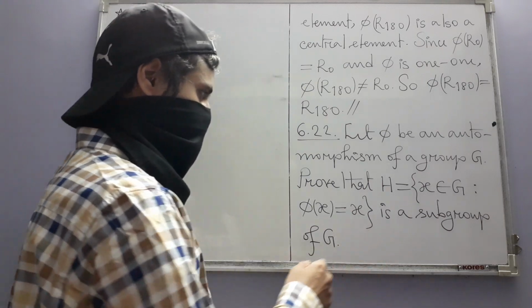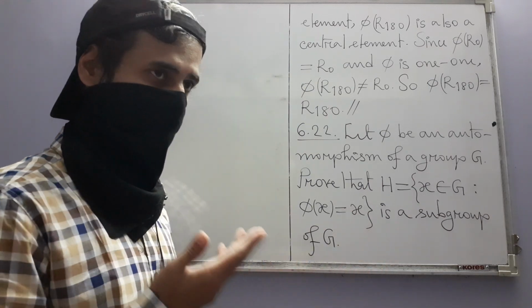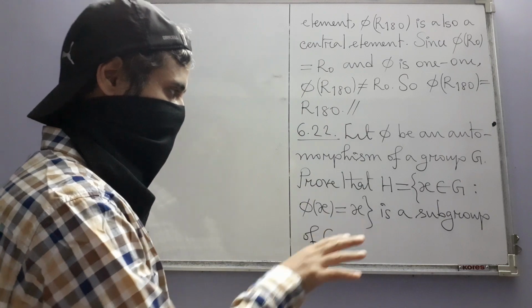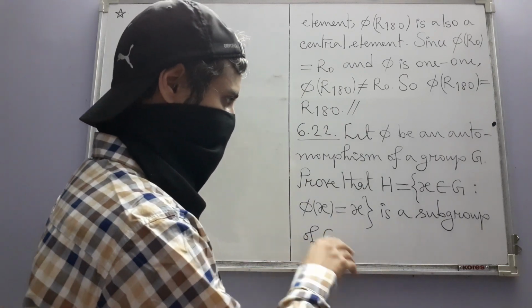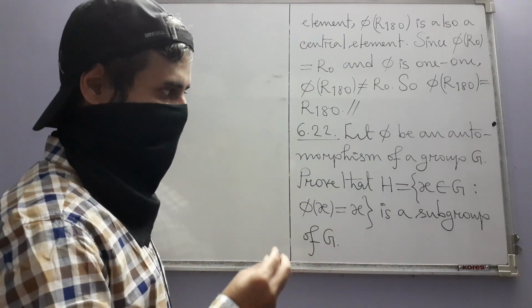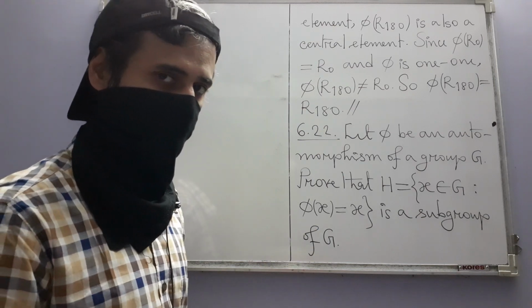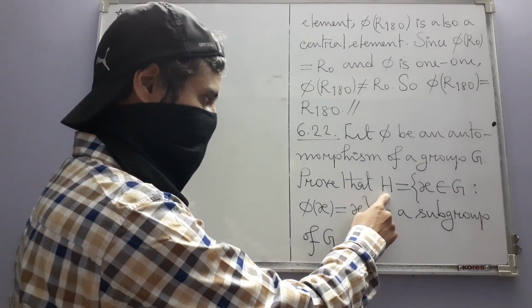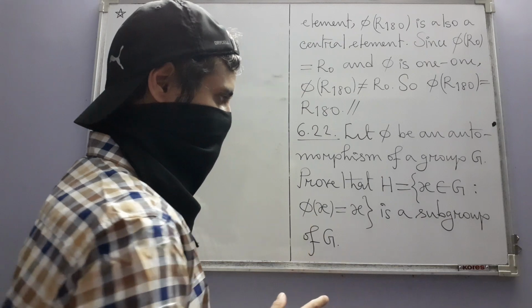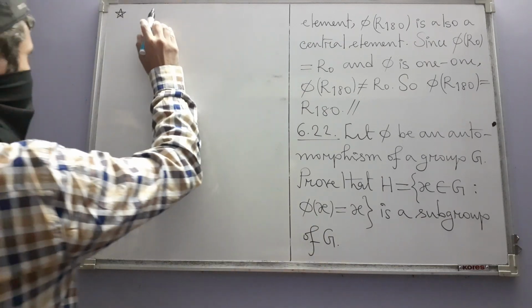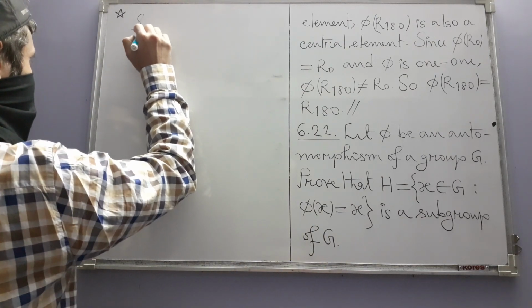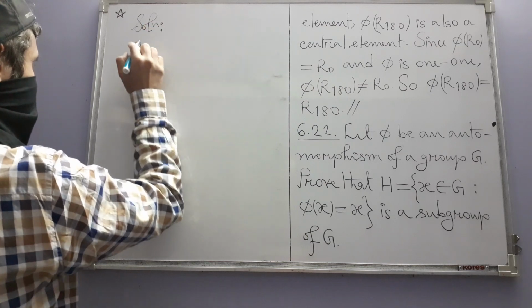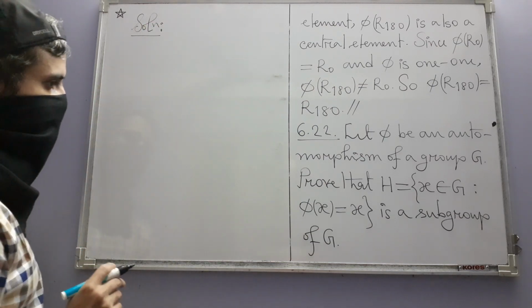Before we verify the conditions in the subgroup test on H, we have to make sure that H is non-empty, because the empty subset is never a subgroup.